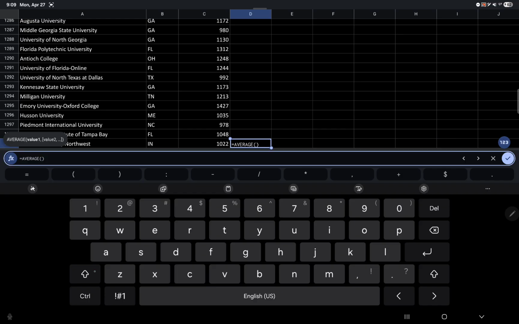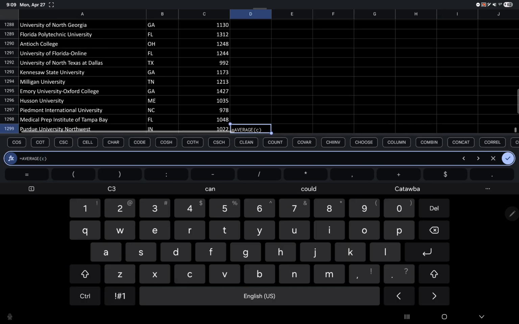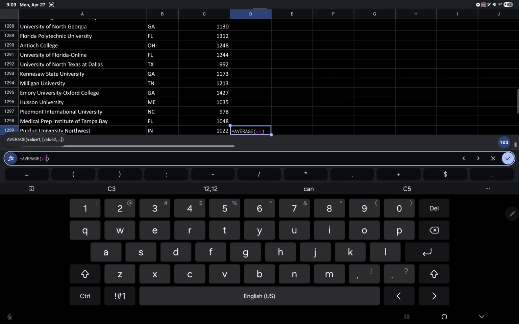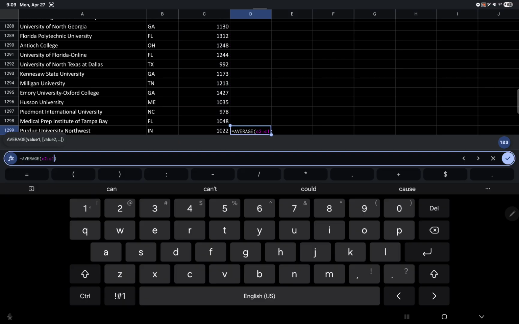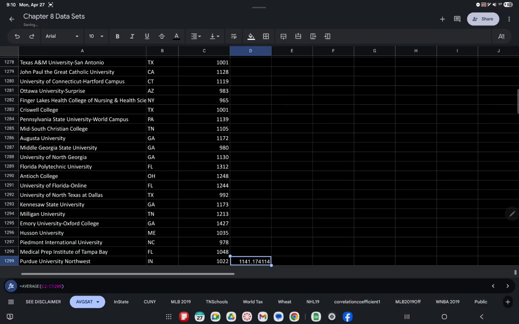So I'm in C. So I want from C2 all the way to, looks like C1299. And then I can get the average. So the average score, or the mean, is 1141.174. All right. I want to keep going back and forth, so I'm going to leave it here.